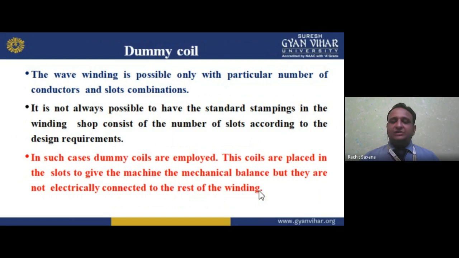Field winding is known as the exciting coil, or magnetizing coil, because we want to make magnets. As I told you in units 1 and 2, permanent magnets can be made, but they are not easily available in large amounts, in huge sizes.